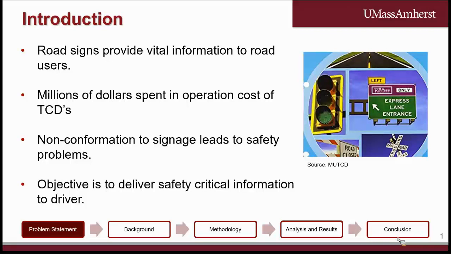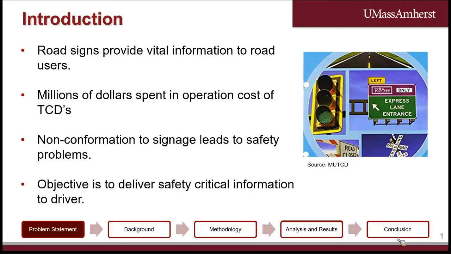With advancement of vehicle-to-vehicle interaction and vehicle-to-infrastructure interaction, and OpenCV and deep learning booming, this leads us to a question: are we delivering safety critical information to the driver in an efficient way without distracting him from performing driving related activities?